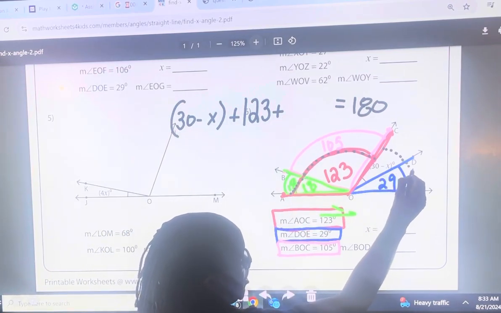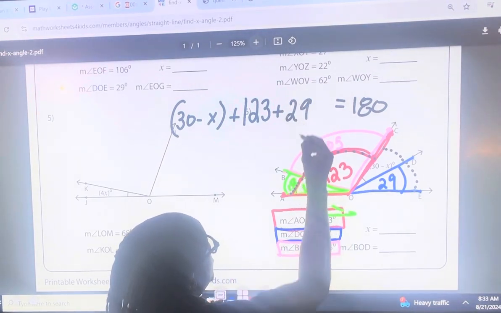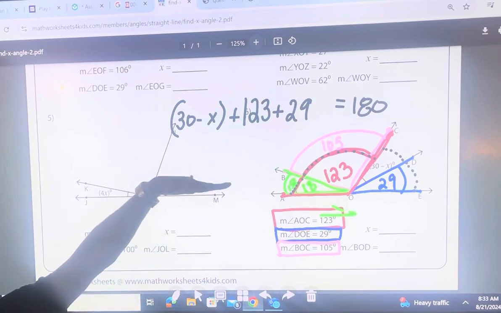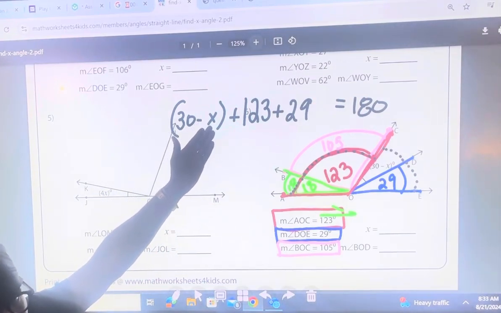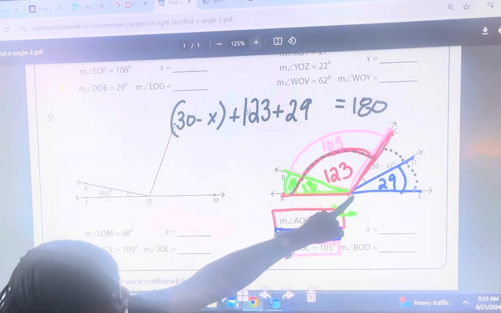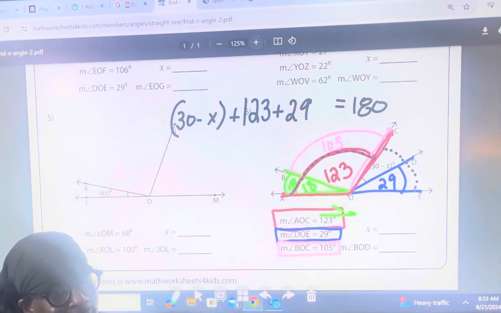And then the last part, and all of that should be set to 180. The first thing we're gonna do is get the X. We're gonna solve for X, and then plug the X in to get this angle. And then all of these will add up to 180.